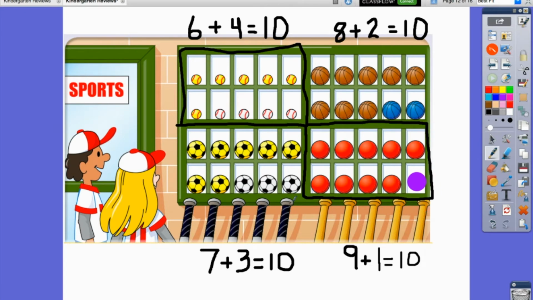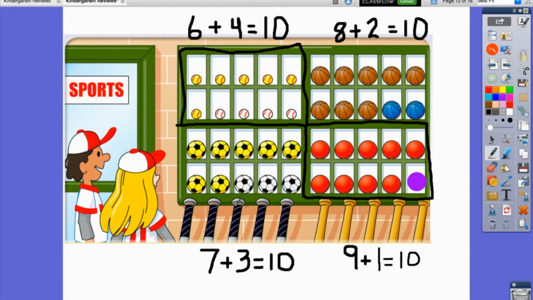I want you to count them with me. 1, 2, 3, 4, 5. So there are 5 of the black handle baseball bats, and 1, 2, 3, 4, 5 of the wooden baseball bats. Does 5 and 5 equal 10?